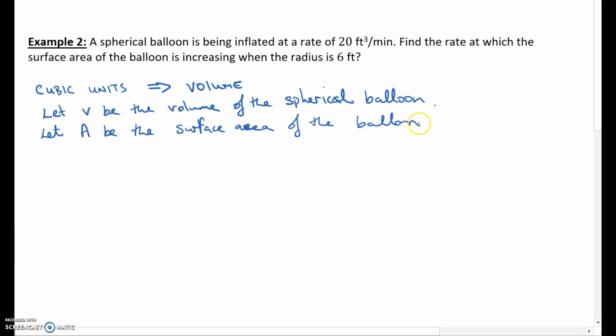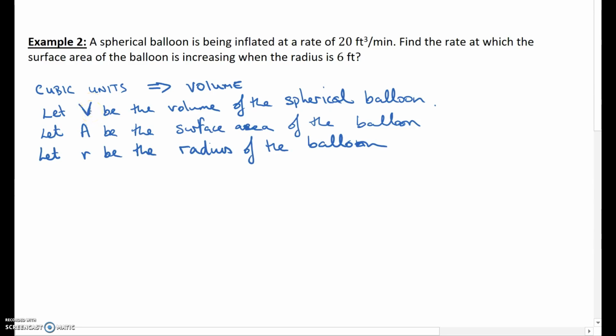Again, it's a sphere, but we've already pointed that out. And then we've also got the radius, so let R be the radius of the balloon. We'll make that a capital V for volume.